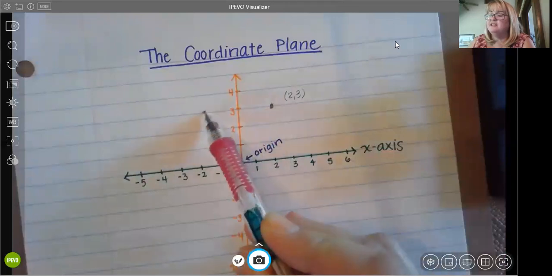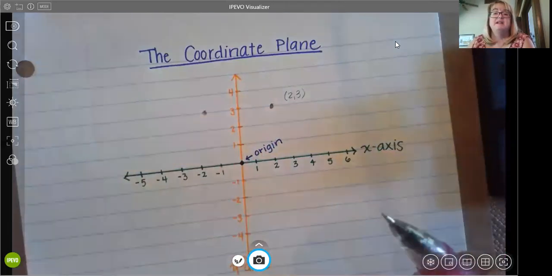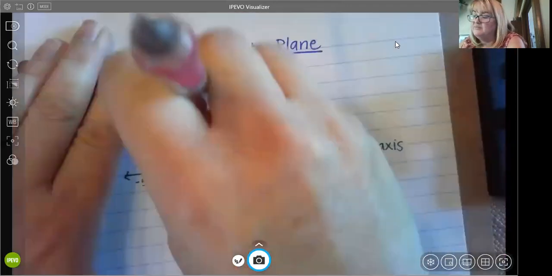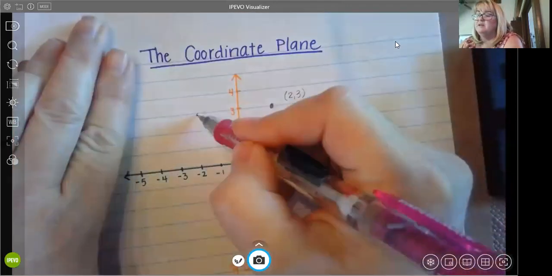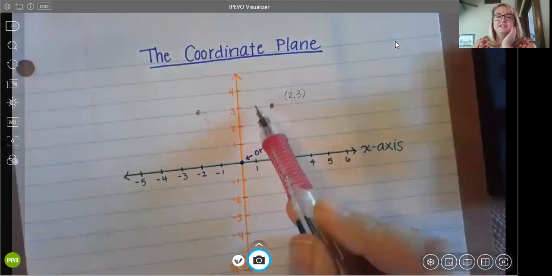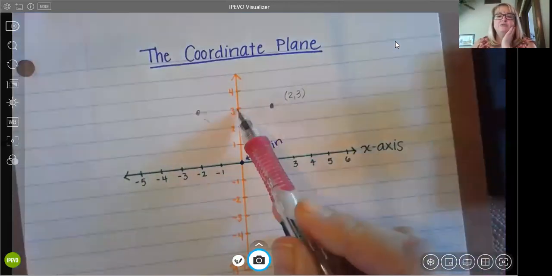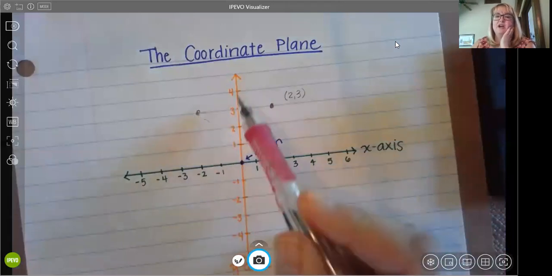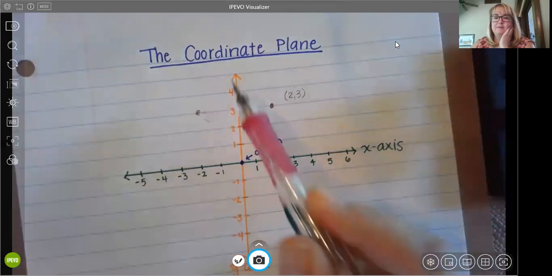This is the reflected point. Oops, it's not quite over the -2. There we go. Okay, so this is the reflection. This is 2 units to the right. The reflection is 2 units to the left, if the y-axis is your mirror.